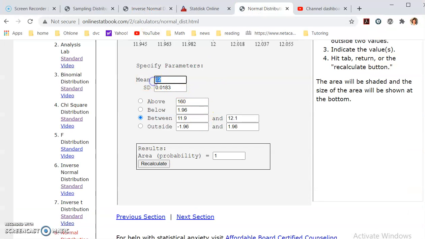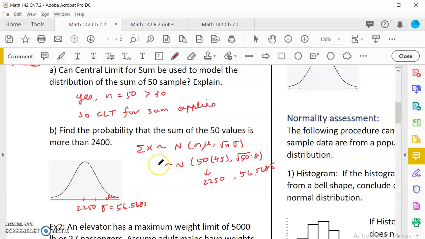The mean is 2250, the standard deviation is 56.5685, and we want it above 2400. Calculate: 0.004. So it's really rare. The probability that the sum of x is greater than 2400 is 0.004. It's a very rare event.